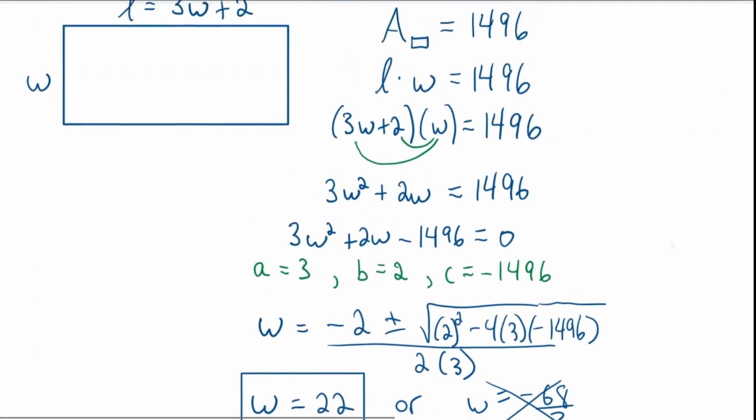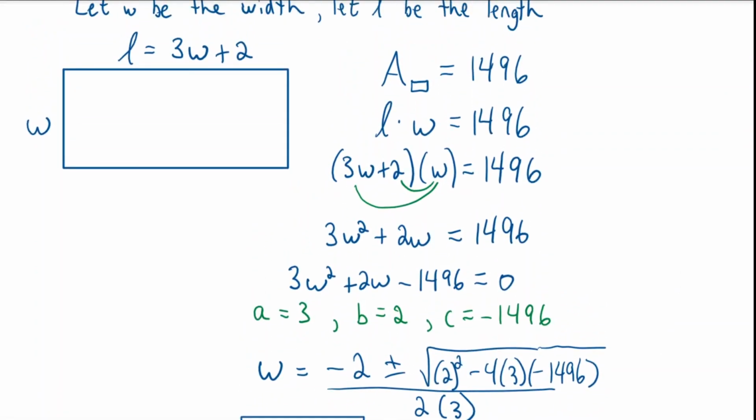We got W, and then we could use our equation. So W equals 22. We know that length is going to be 3 times 22 plus 2. And 3 times 22 plus 2 is 68.